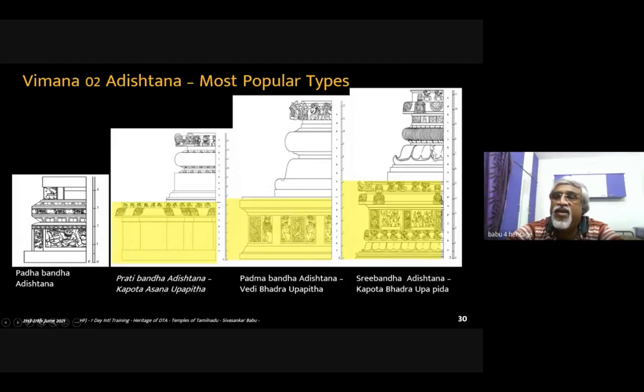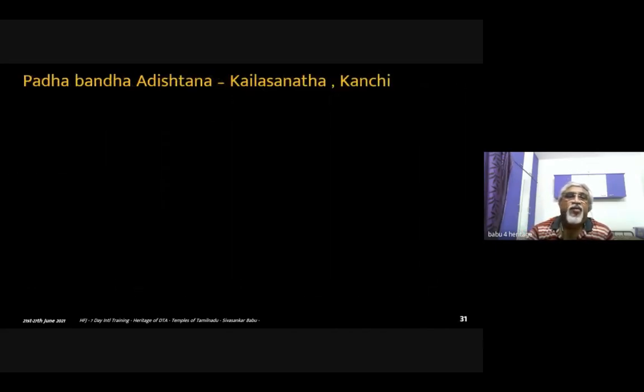All the components have beautiful embellishment. This is Sri Bandha, and normally this is recommended and done for the topmost temples and the temple which is sponsored by the king. So let us see some examples to understand how these Adhishtanas are implemented.